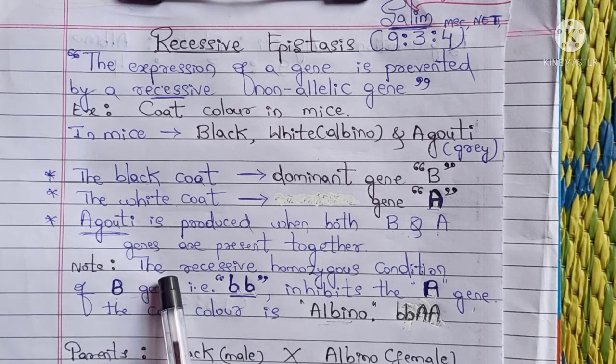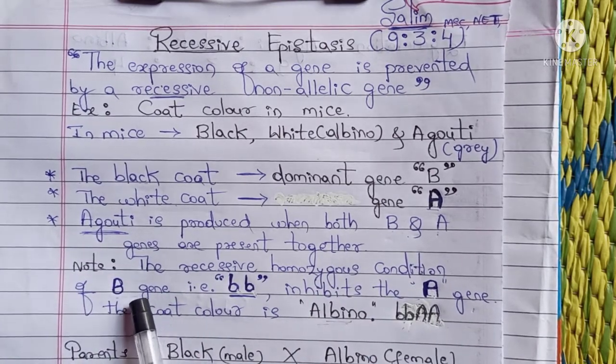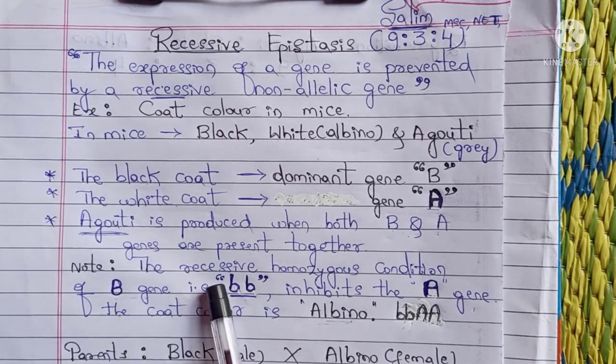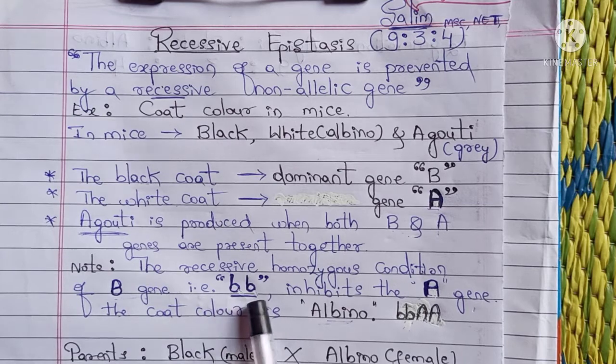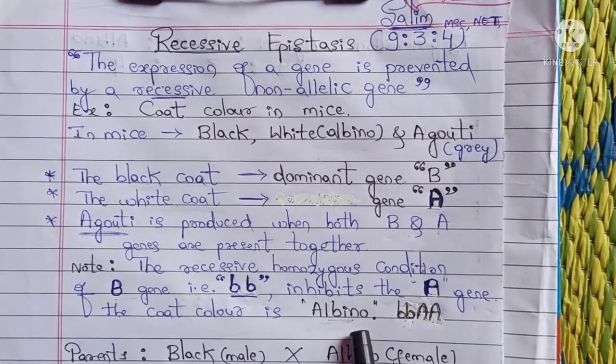As you can see, in the recessive homozygous condition of the B gene, that is small b, the recessive letter is indicated by a small letter, as I already told you. In this condition it inhibits the A gene and the coat color will be albino.